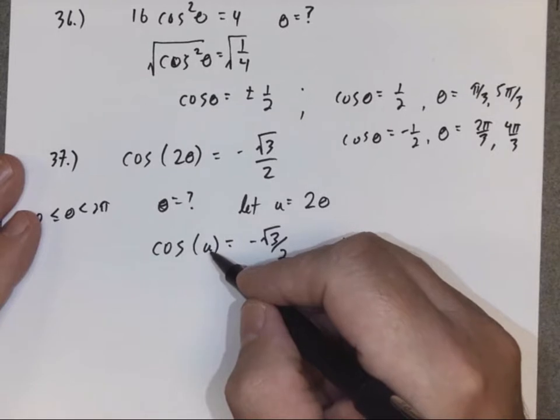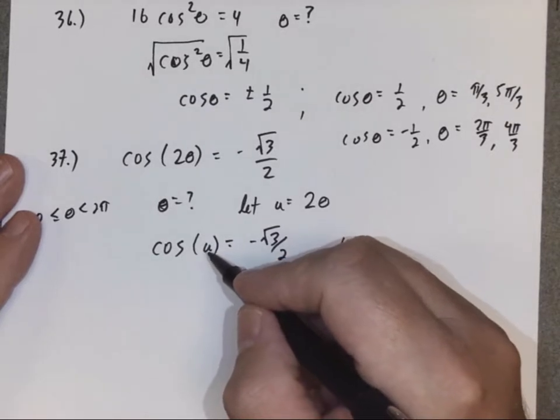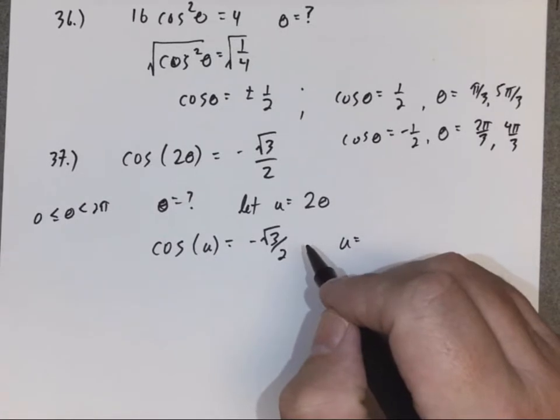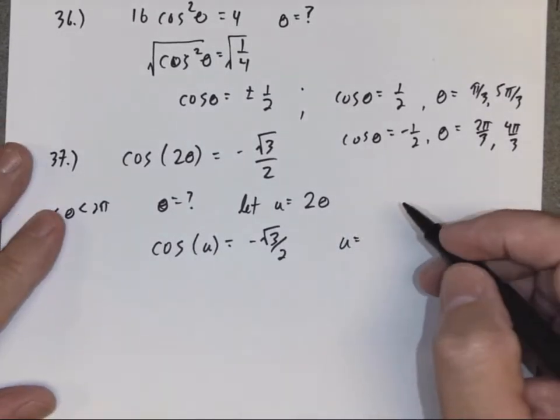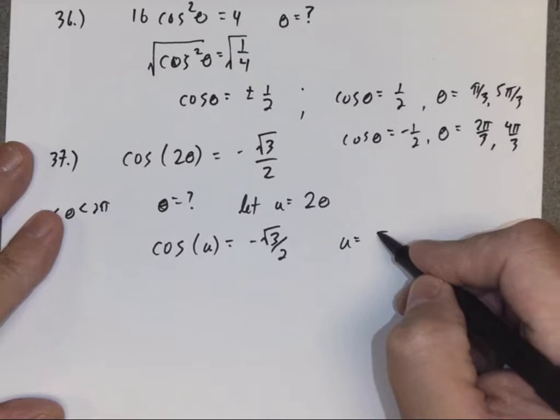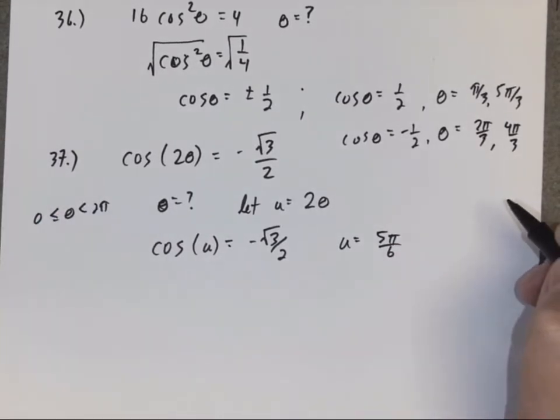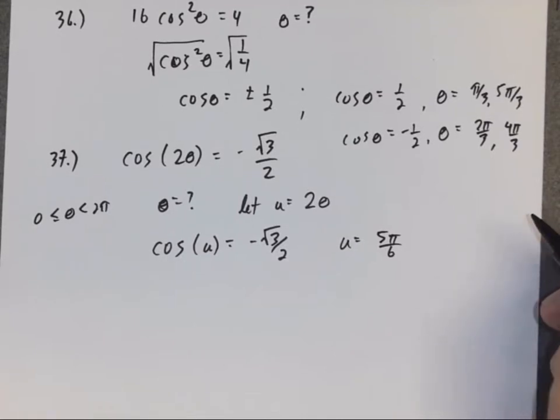What's an angle where you take the cosine, it's negative square root 3 over 2. There's actually two. The first one is 5 pi over 6. But in this case, I'm not going to assume from the start this whole 0 to 2 pi thing.